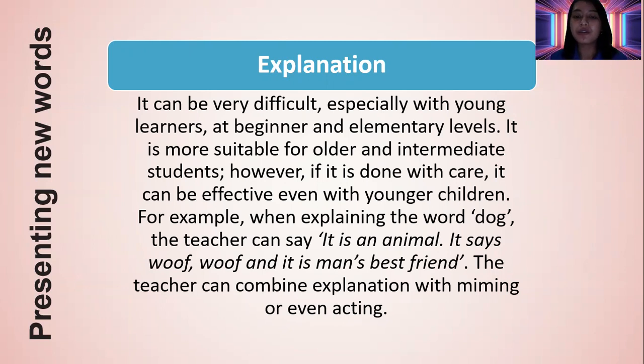However, if it is done with care, it can be effective even with younger children. For example, when explaining the word dog, the teacher can say, it is an animal, it says woof woof, and it is man's best friend. The teacher can combine explanation with miming or even acting.